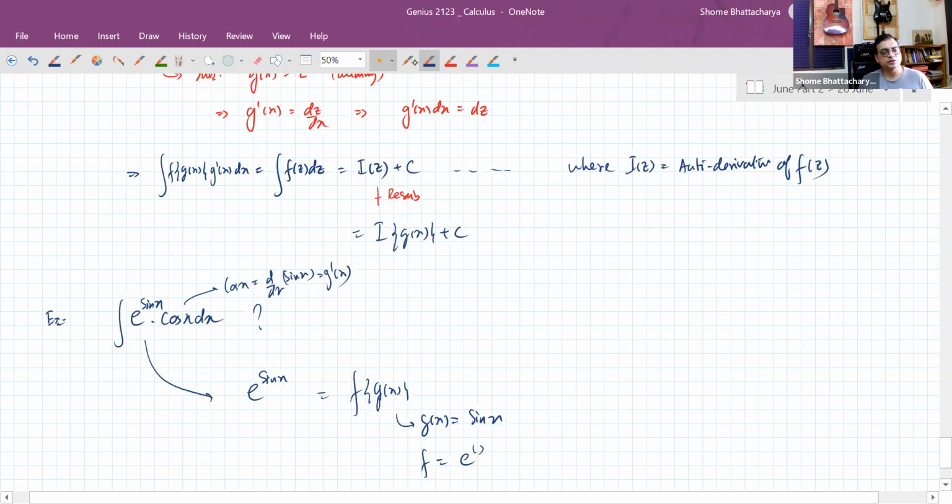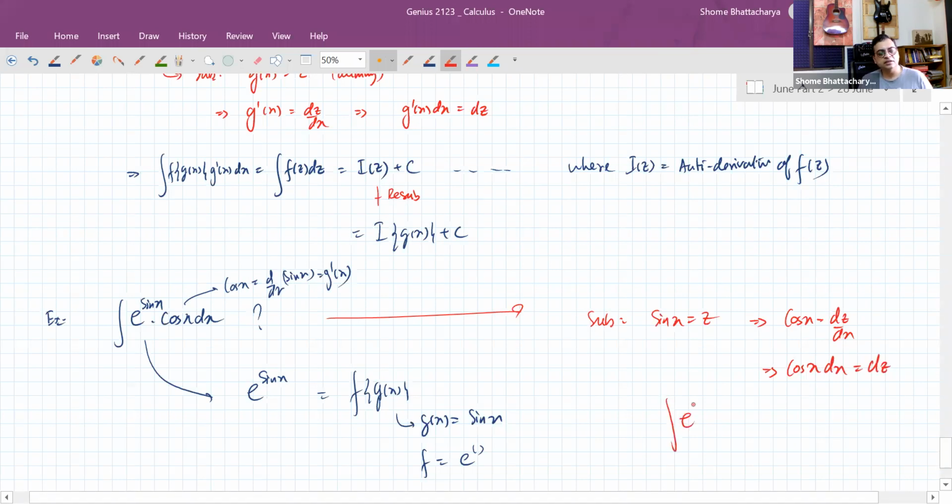So we can make use of this concept here. In this integral, we can substitute sine x as z. So cos x is dz by dx, or that whole term cos x into dx can be substituted as dz.